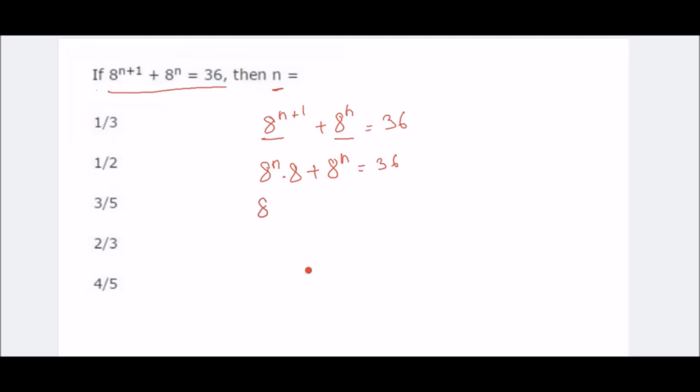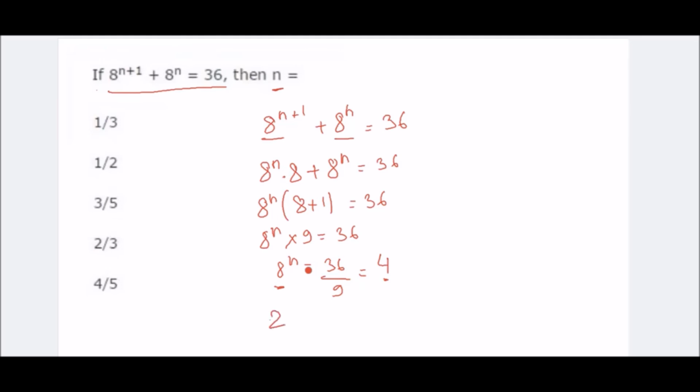Then we'll take common 8 power n. Then the remaining will be 8 plus 1, is equal to 36. Then 8 power n into 9 is equal to 36. 8 power n is equal to 36 by 9, that will become 4. So make it in base 2 so that it will be easy to compare with the 4 value.